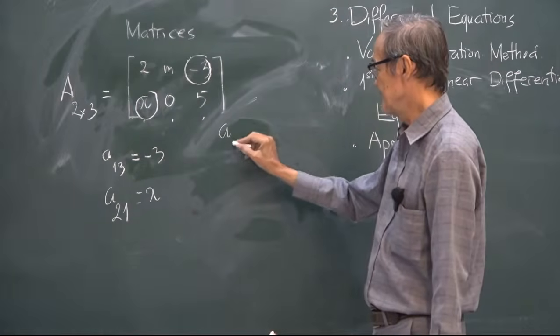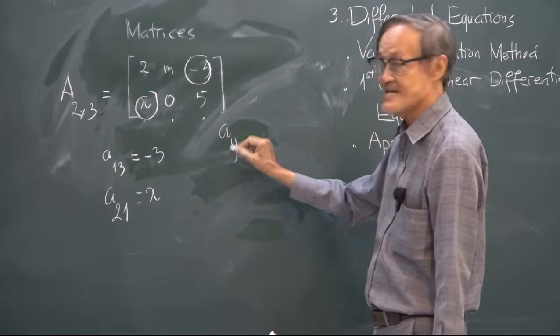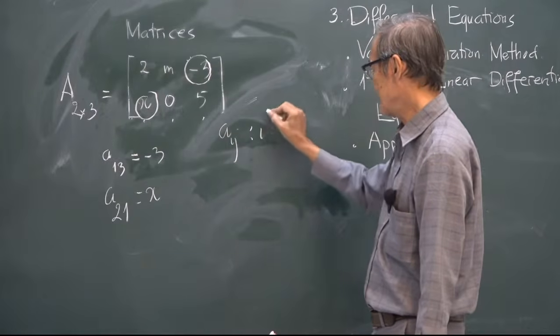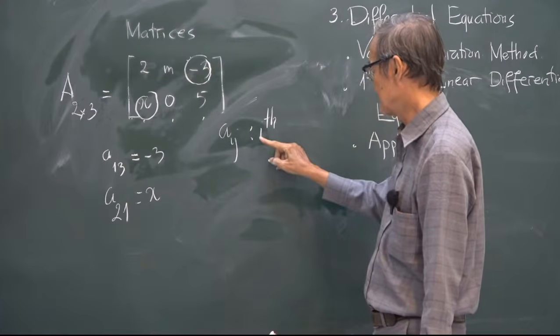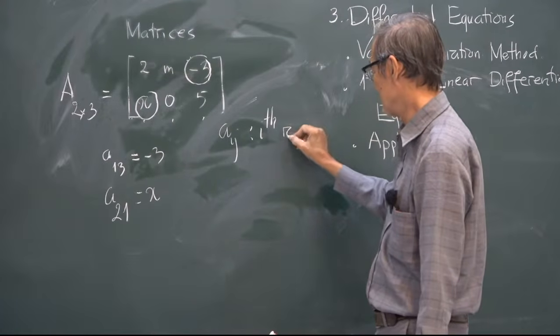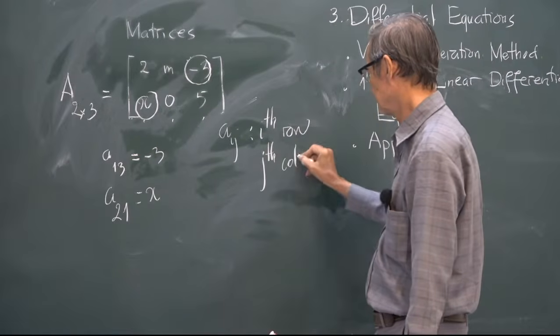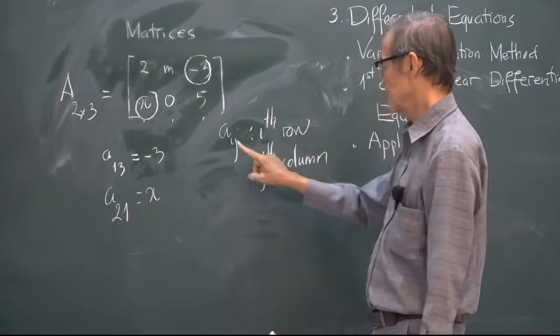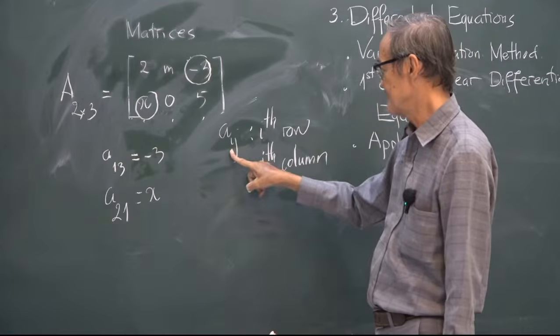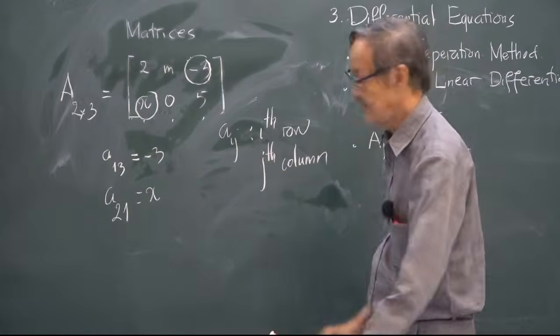So we have Aij, i row and j column. Row first, then column. Okay.